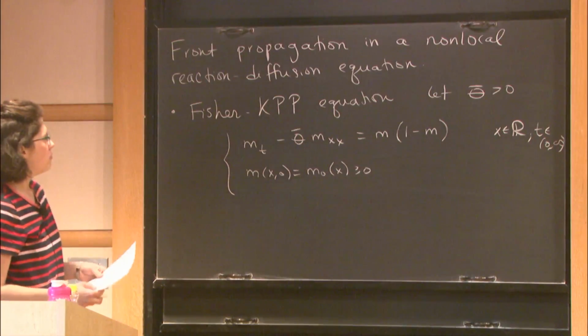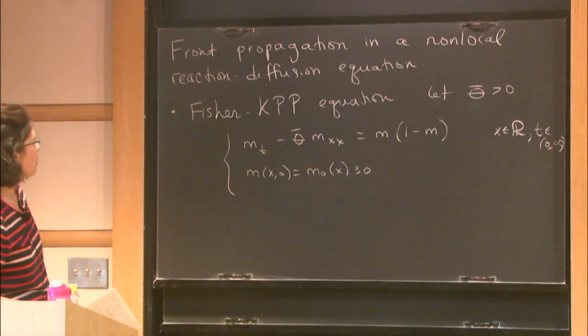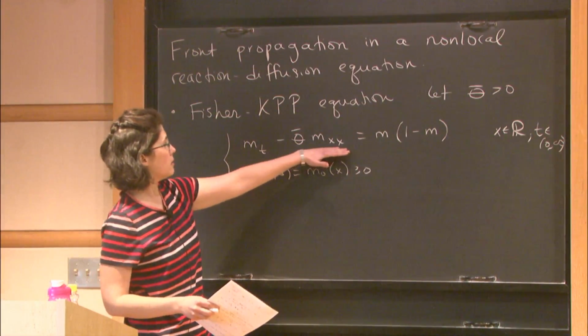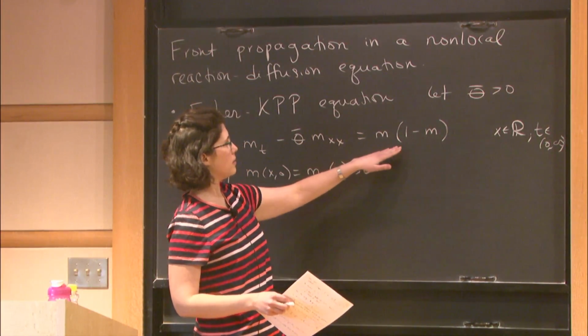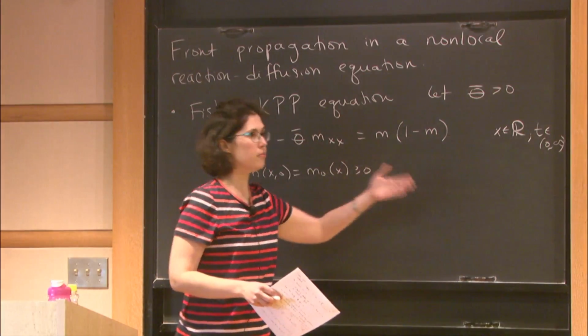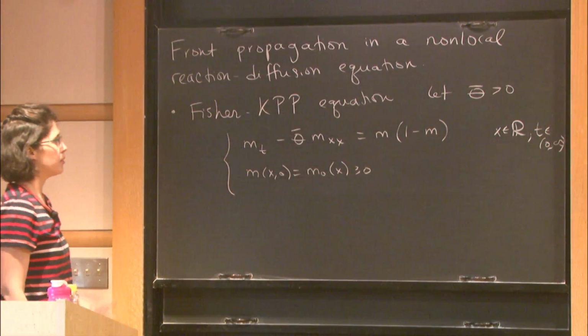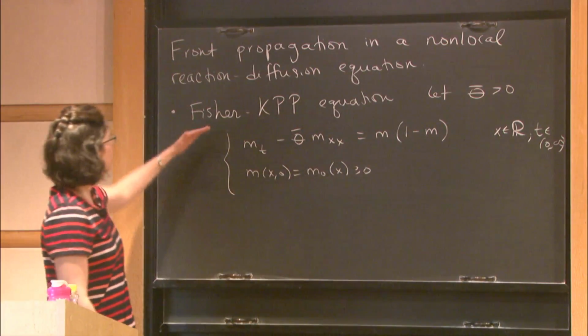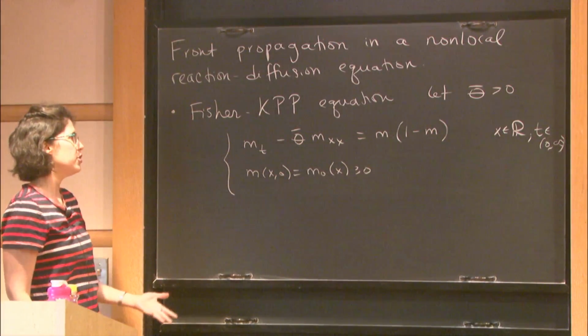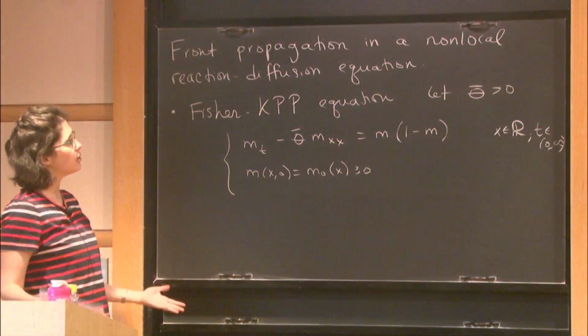So what does this equation represent? Some sort of something that's diffusing, but whose growth is limited by its environment. That's what this 1 minus m term means, right? Because I think when Fisher wrote this down, he was thinking of genes in a population.